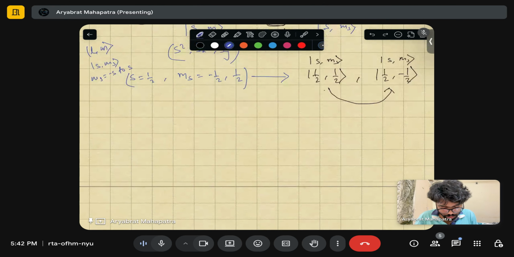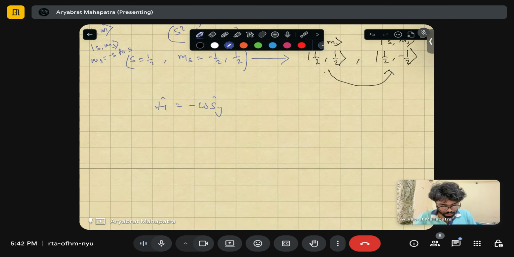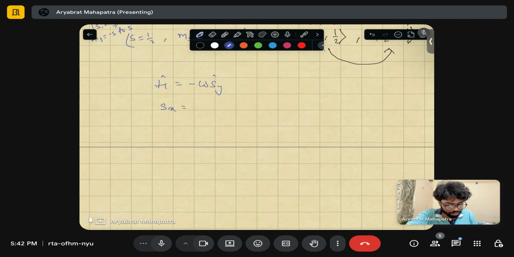In the question it is given that your Hamiltonian H is minus omega Sy. Your Sx operator, you can check Sx, Sy, Sz in terms of matrix form.